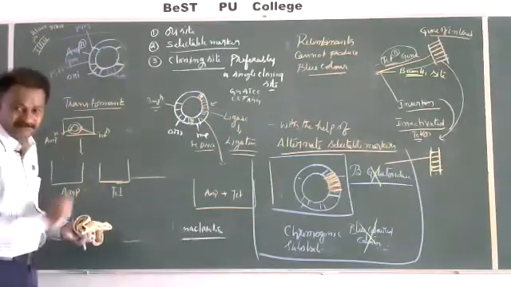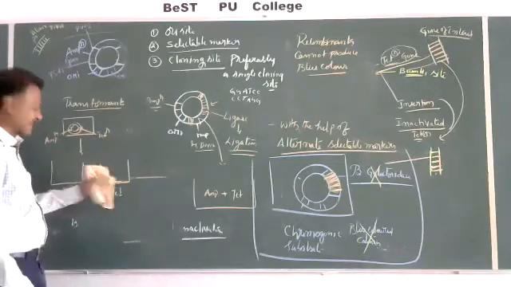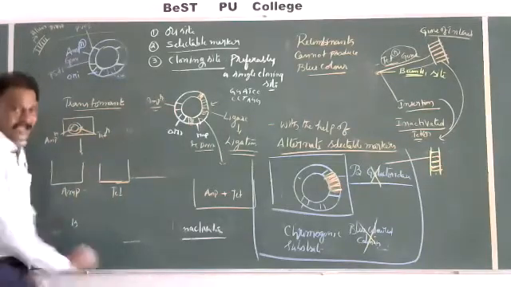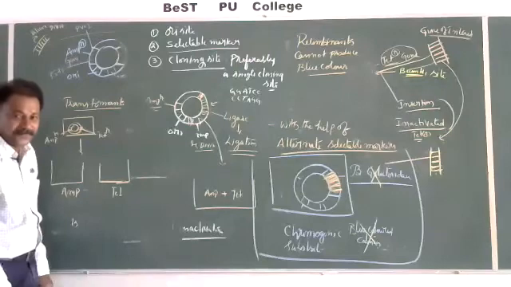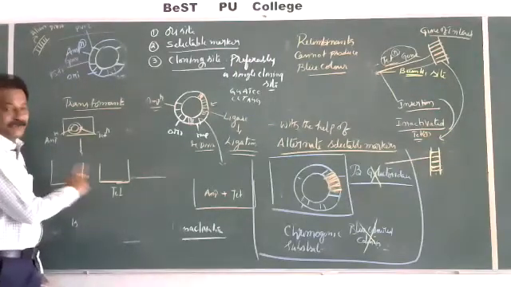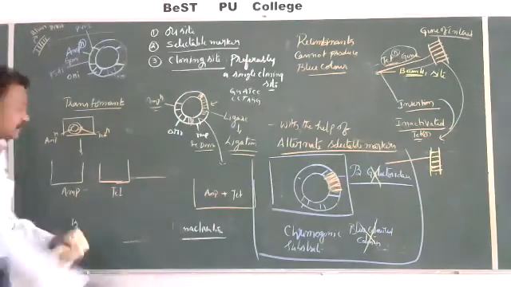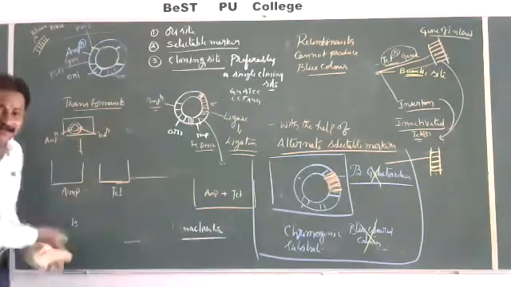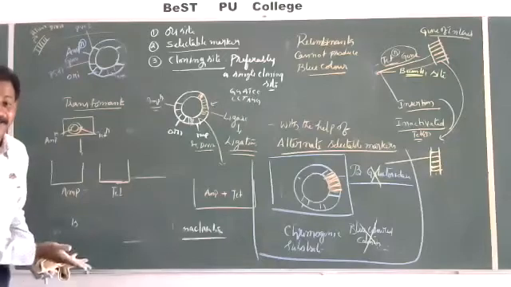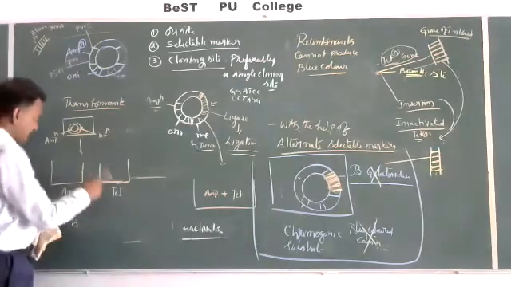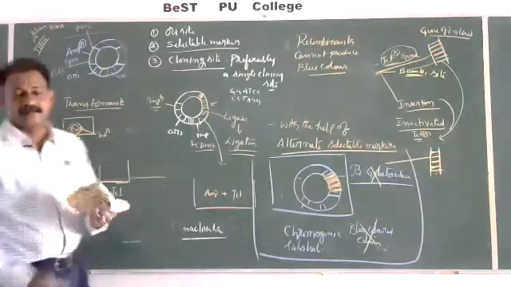Antibiotic will kill them. Recombinants can grow in ampicillin medium. Recombinants cannot grow in tetracycline. Non-transformants are nothing but non-recombinants. Non-recombinants can grow in both the media.